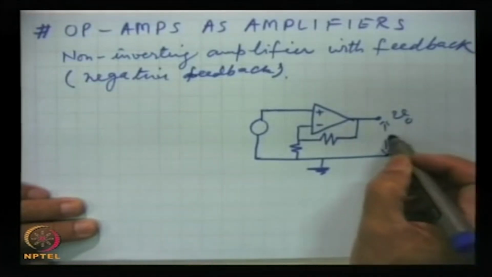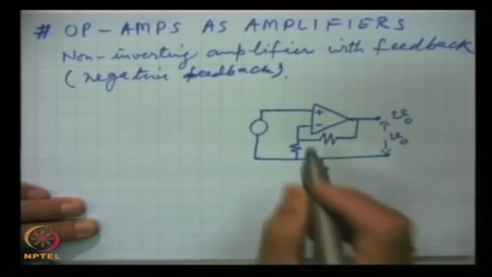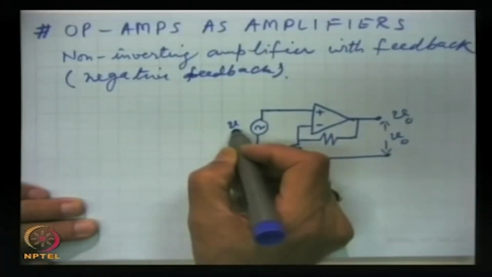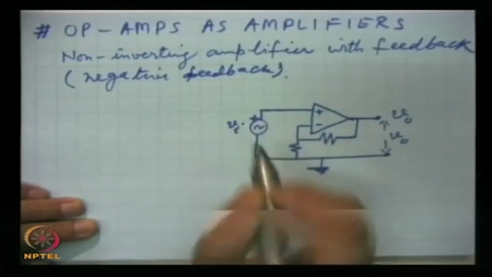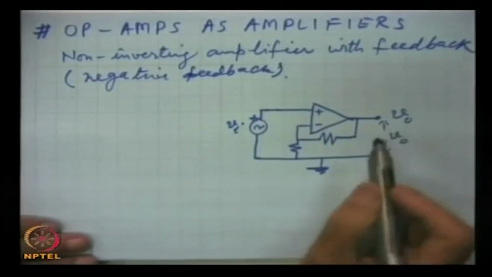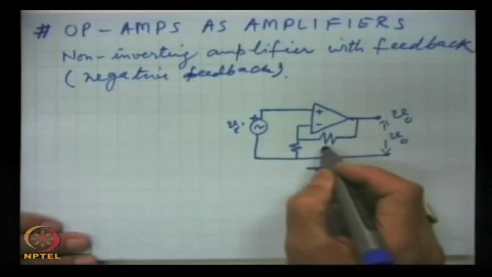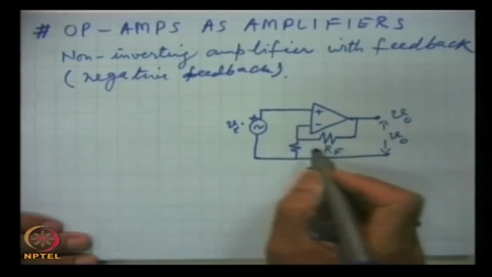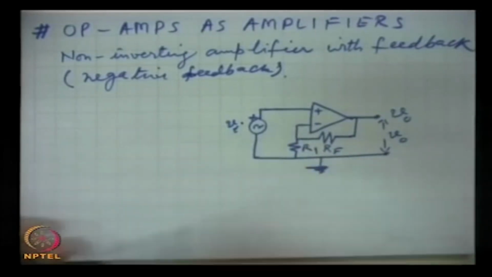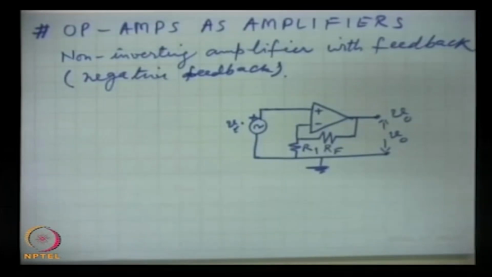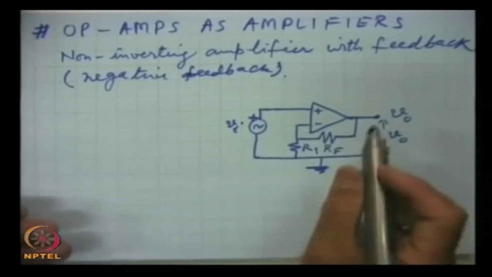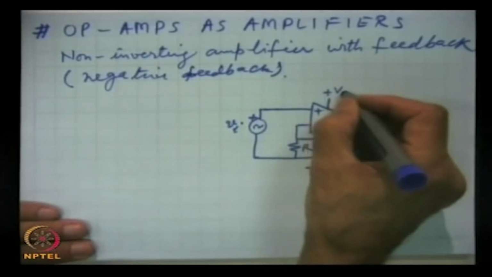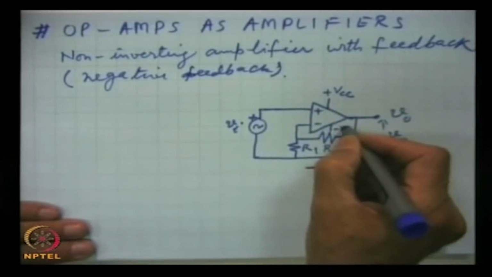This is V out, and this is the input, and the feedback is this RF. This resistance is RF, and this is R1. Look at the simplicity of the circuit, and of course these sources are there, plus VCC and minus VEE.